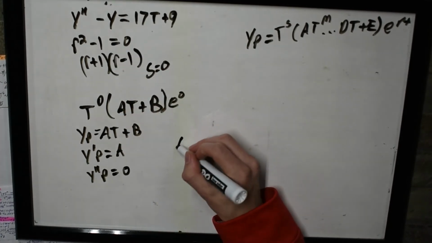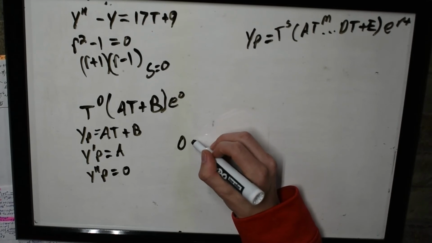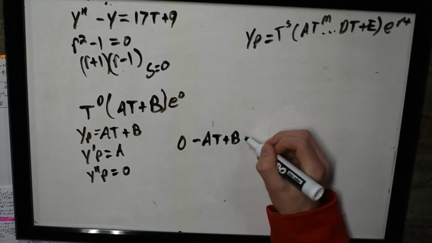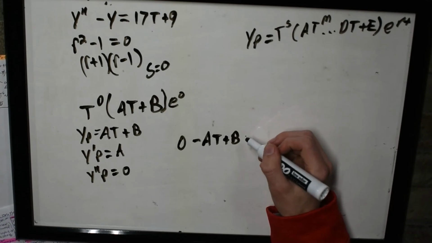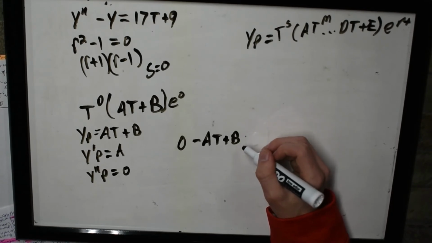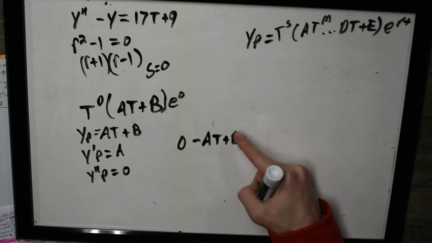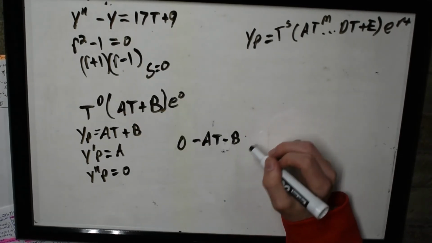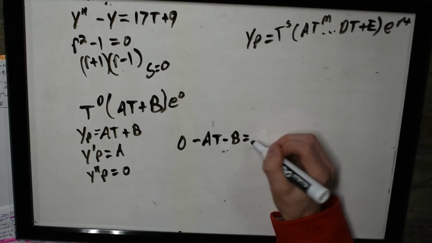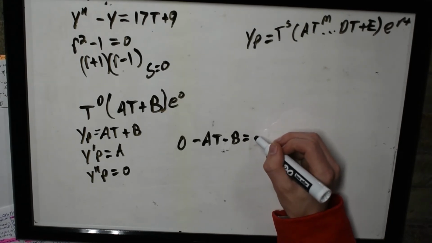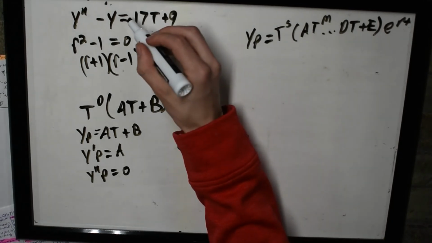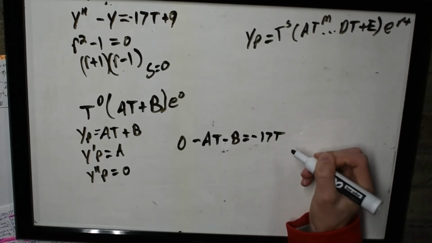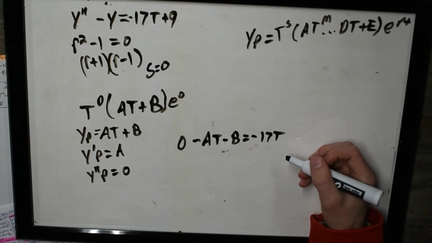So we have 0 minus a t plus b, minus b, because there's a negative out in front of that y, is equal to, and this is negative, I forgot to write that down, negative 17t plus 9.